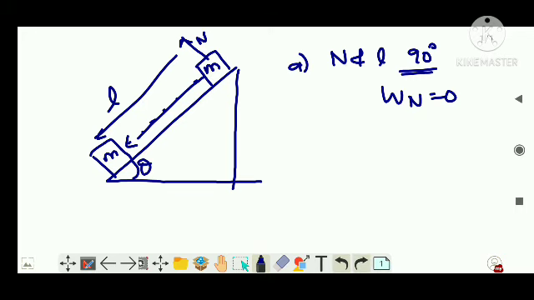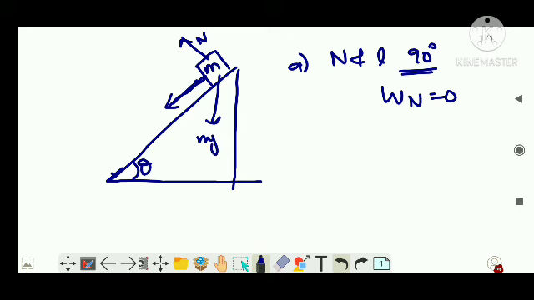Let's draw. Okay, here itself, I'm going to rub this off. Right? So I told you, if this is the weight mg, this will be mg cos theta, and this will be mg sin theta, right?